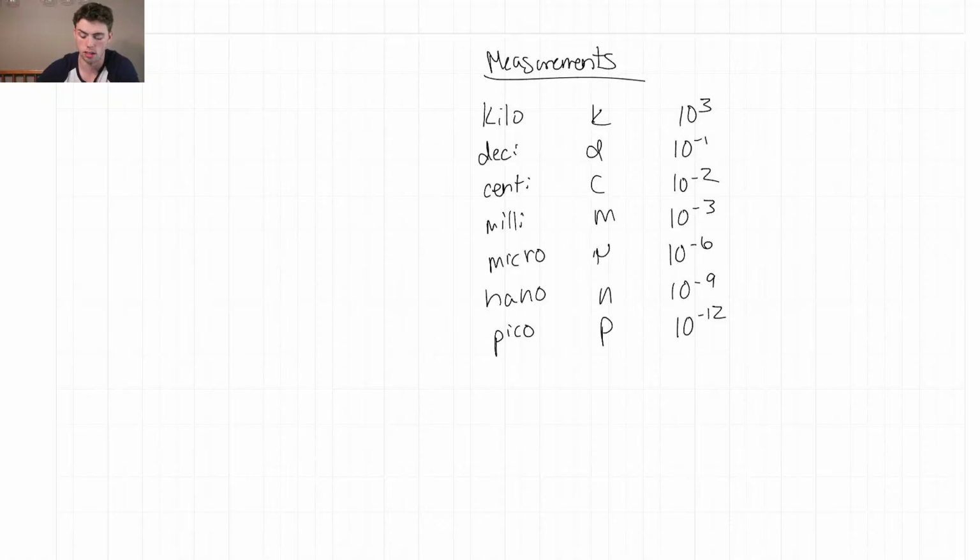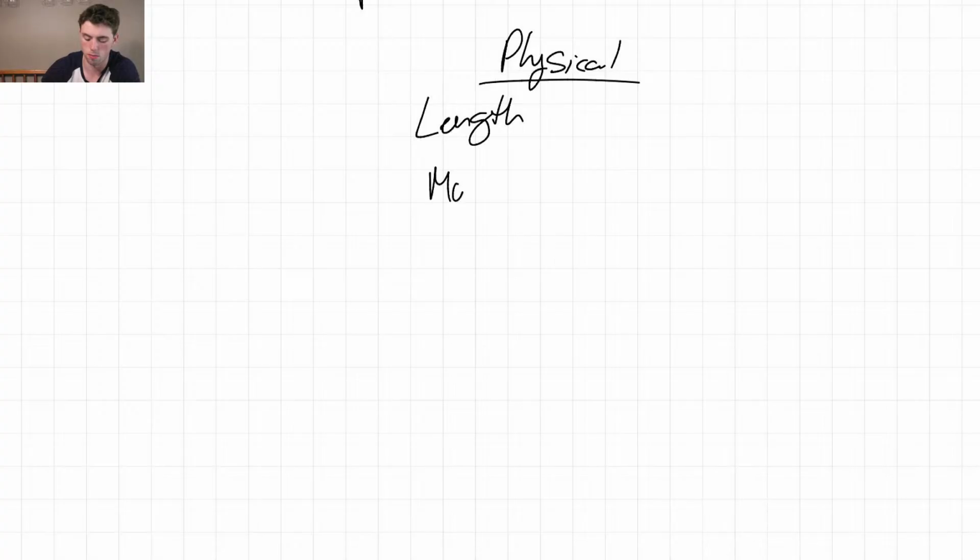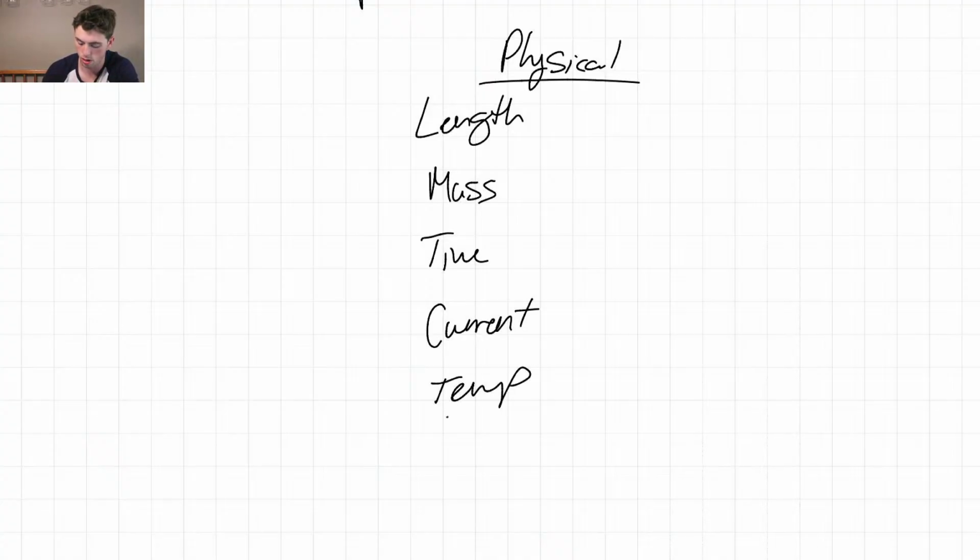And that goes hand in hand with the physical quantities. If we're talking about length, mass, time, current, which is going to be big for physics, temperature, number of particles, and luminous intensity, which I've never really seen a ton of, but I'm sure it'll come up later.